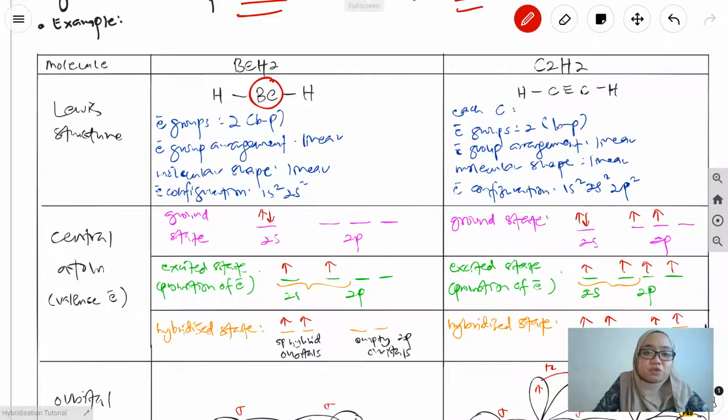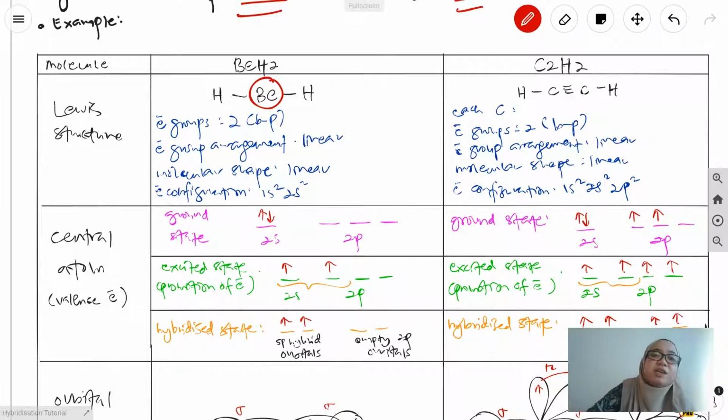How many electron groups are attached to it? 2, which are bonding pairs. Then we look at the electron group arrangement. According to VSEPR theory, the electron group arrangement is linear, and the molecular shape is linear because it's just linear, there is no other.